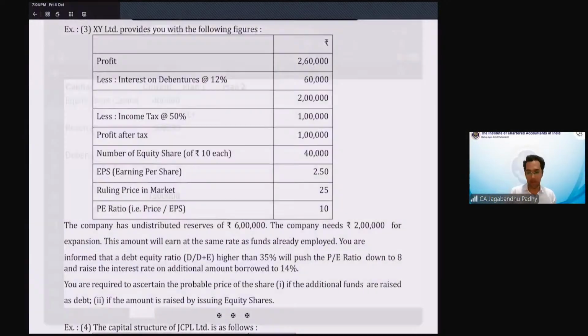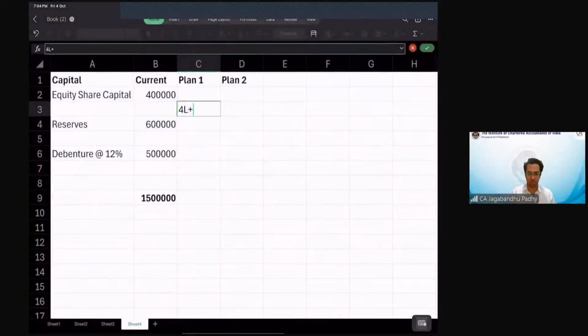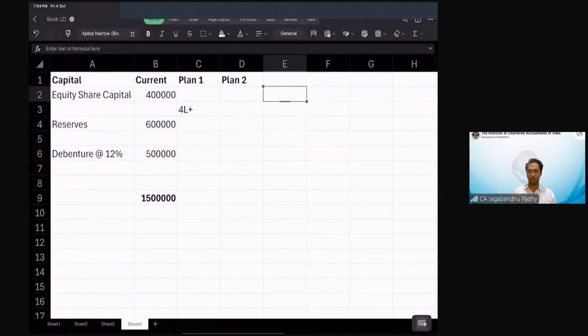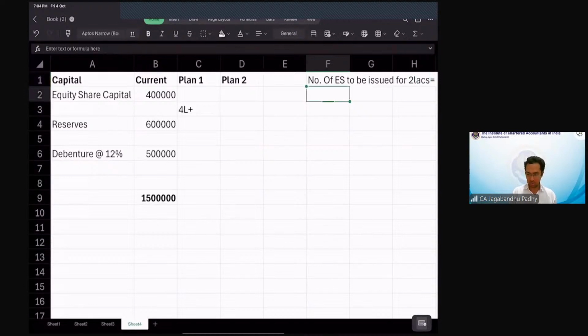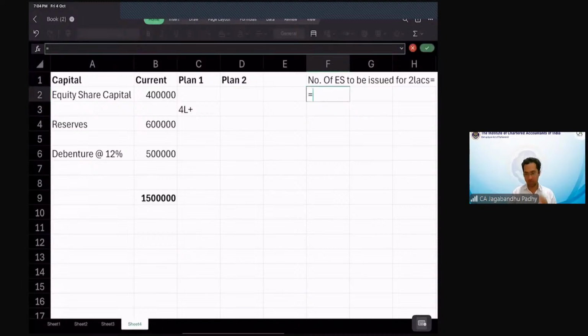Because to get 2 lakh rupees, what will be the number of shares to be issued? Number of equity shares to be issued for 2 lakhs.